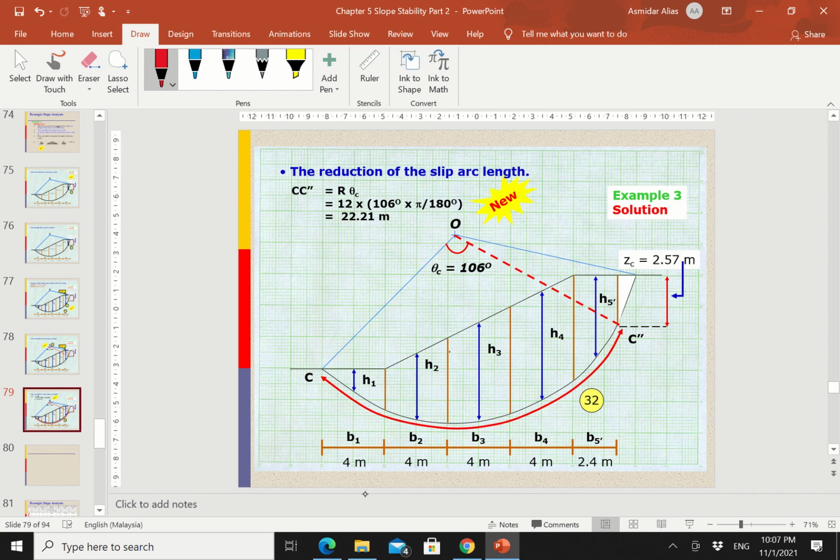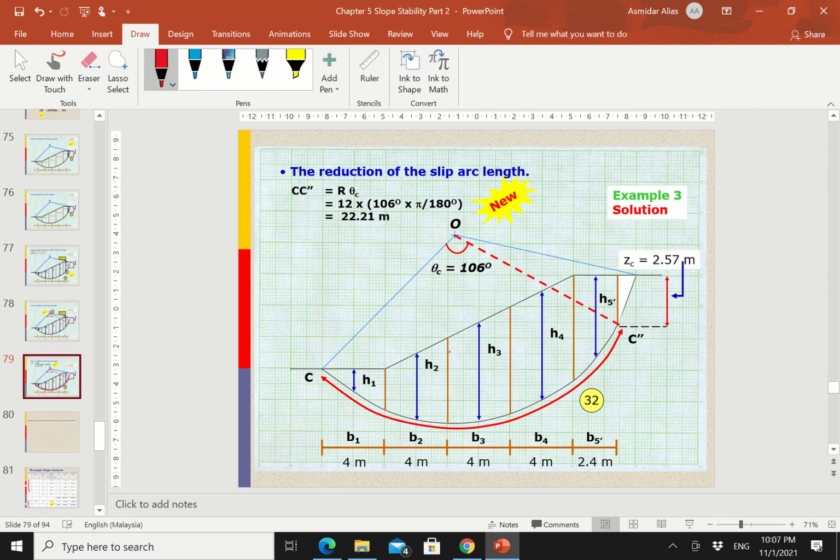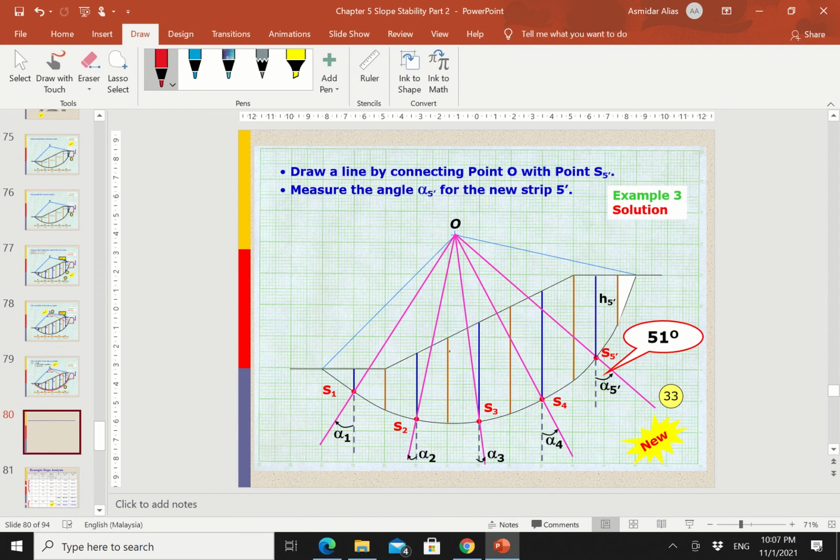So next we need to determine the new length of the slope, and of course we need to modify the value for the length of the slope. So in that case, we also need to do the modification for slice number 5. The alpha should be different because right now the position of slice number 5 is at the center of the trapezium.